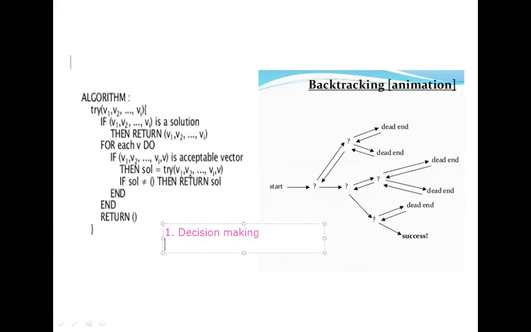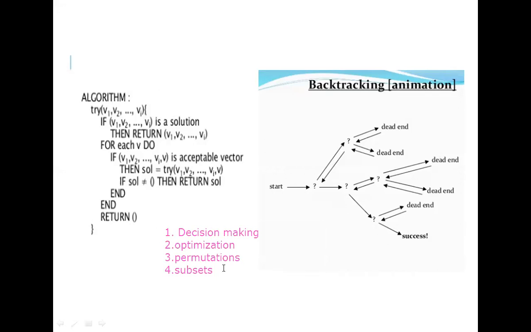The second one is optimization. Then permutations, and the last one is subsets. So these are the examples of backtracking.